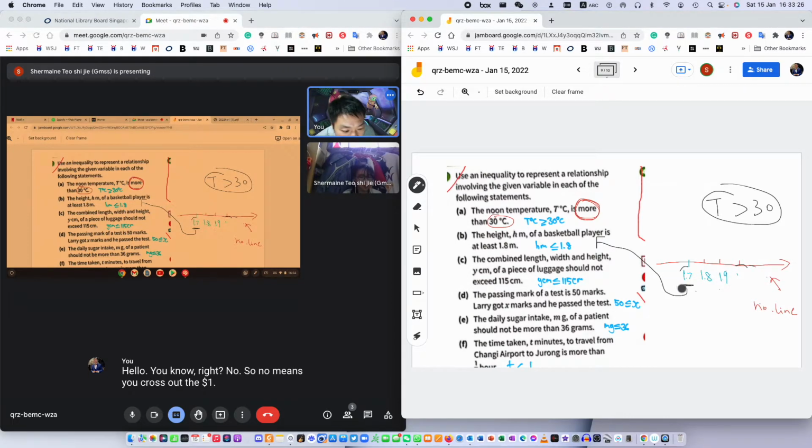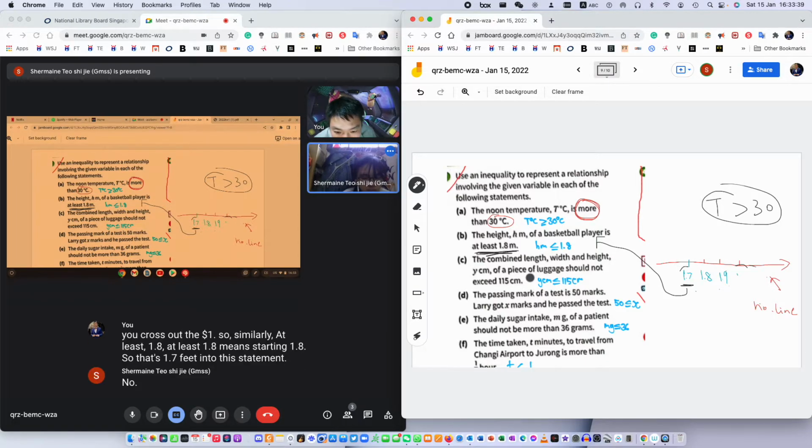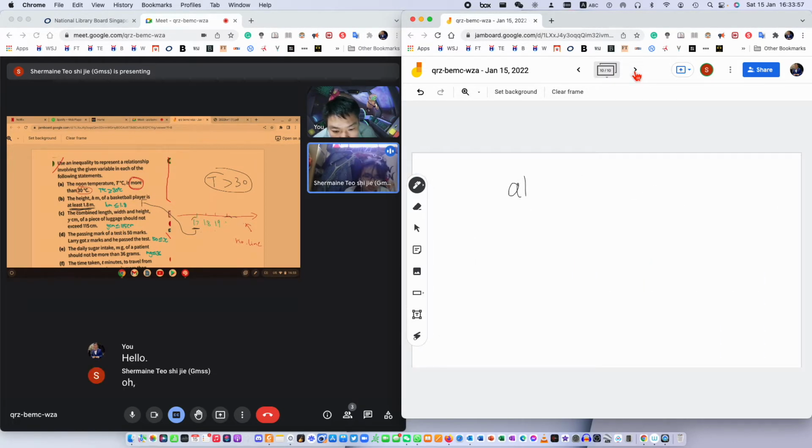So similarly, at least 1.8 means starting 1.8. So does 1.7 fit into this statement? You must cross out the 1.7.